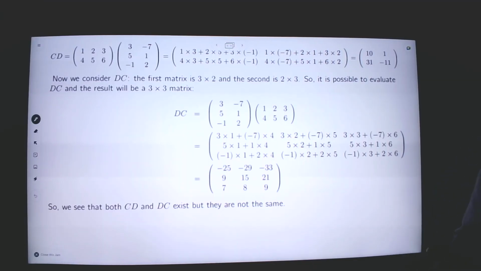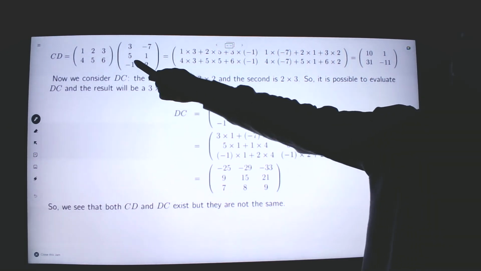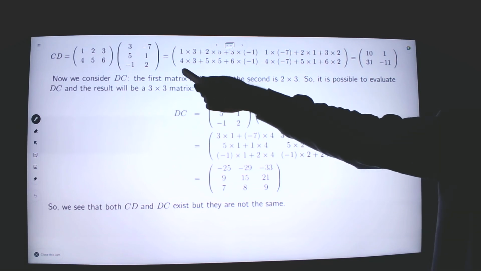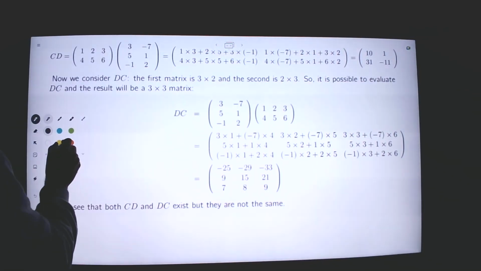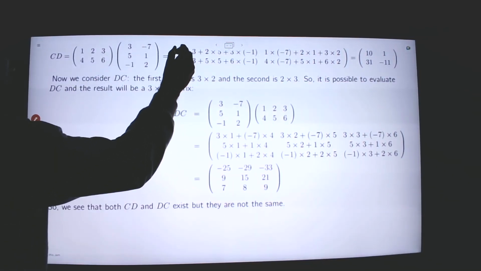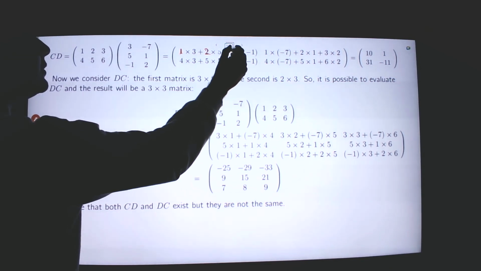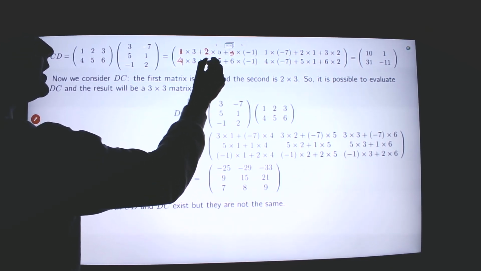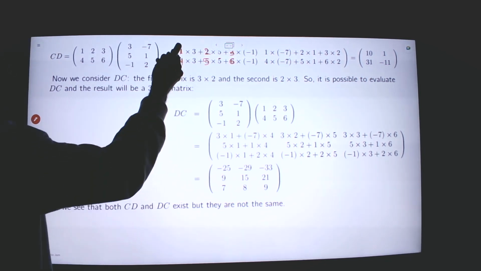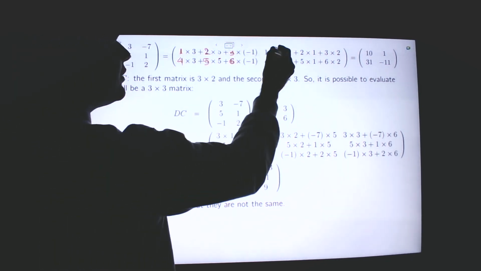Now let's say you want to find out if you are doing it right or not. Have a look at the first one, CD, which is 1, 2, 3, 4, 5, 6. When you do that one, it's going to look like this: 1, 2, 3, 4, 5, 6, and it repeats on this side.